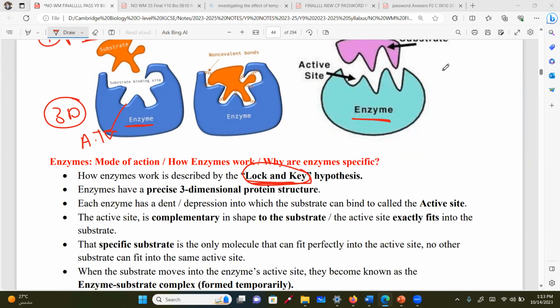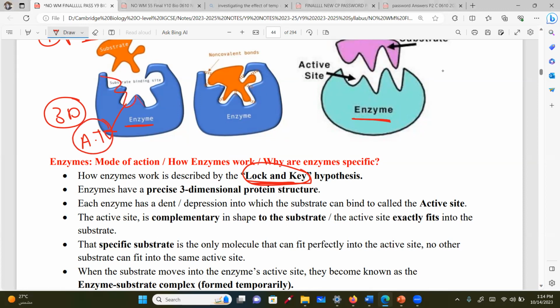So when we are asked, how do the enzymes work? You will say that they work by the lock and key theory, which is what we just described. You will mention in your answer that the enzymes have a precise three-dimensional shape, and they have a specific active site.